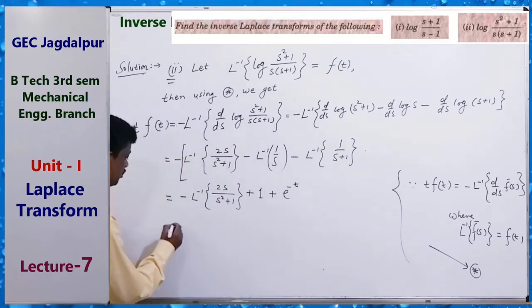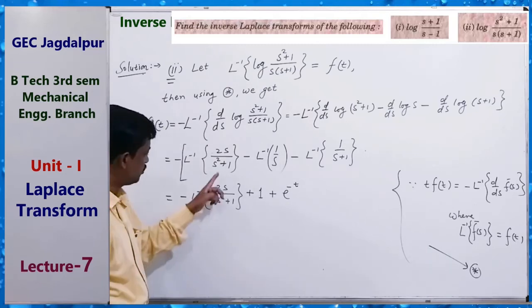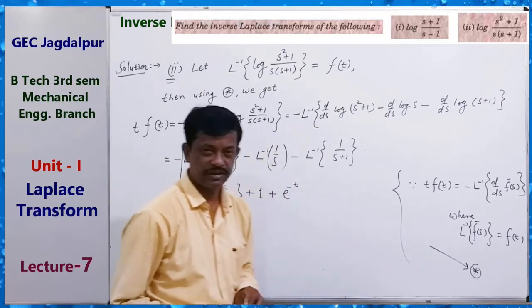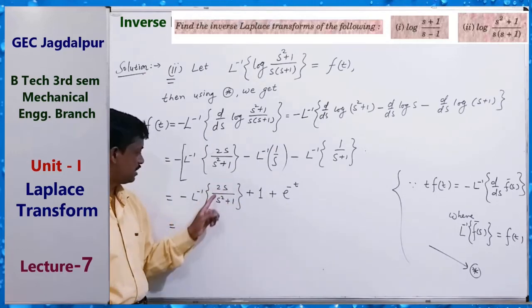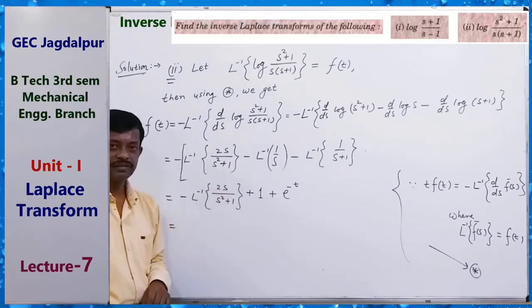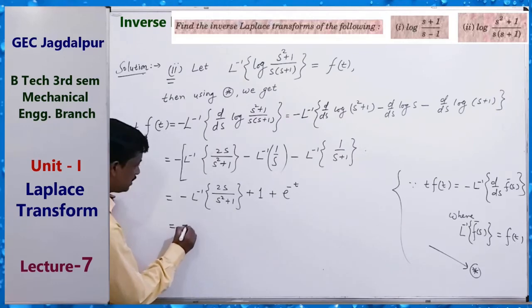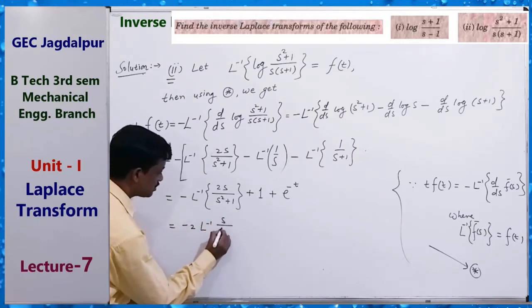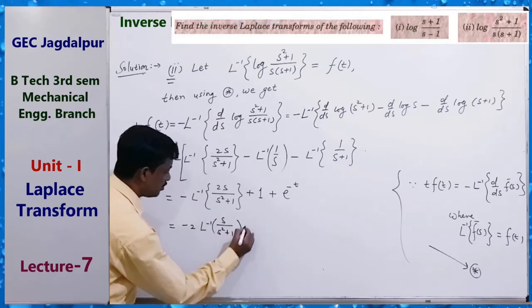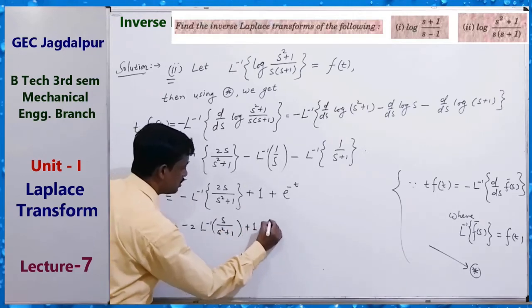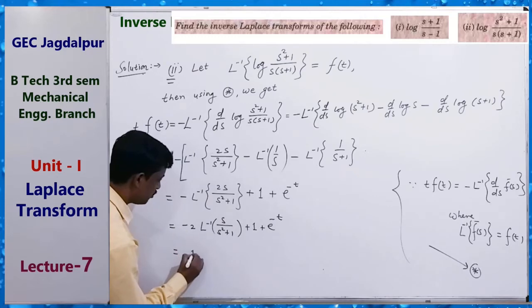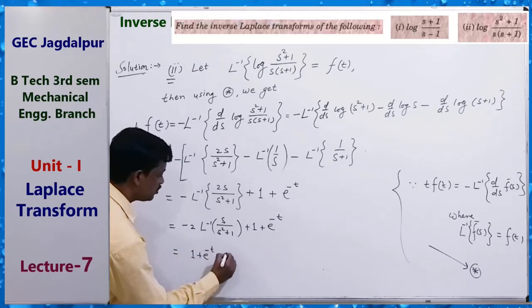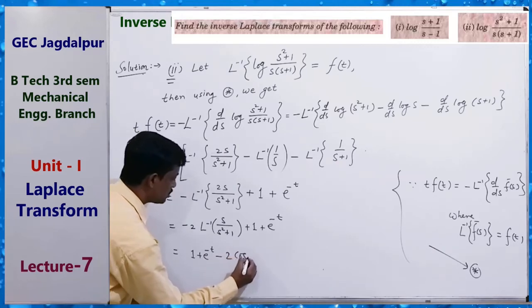Okay, now we have to find the inverse Laplace transform of 2s by s square plus 1. We know s by s square plus 1, so here minus 2 common, L inverse of s upon s square plus 1, plus e to the power minus t, equals 1 plus e to the power minus t minus 2 cos t.